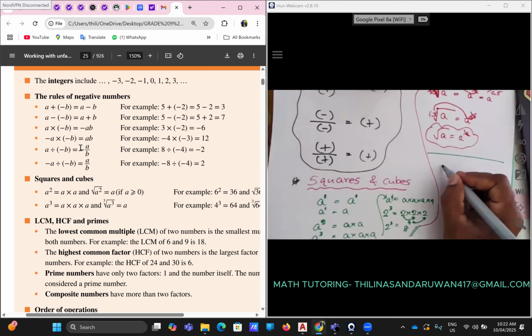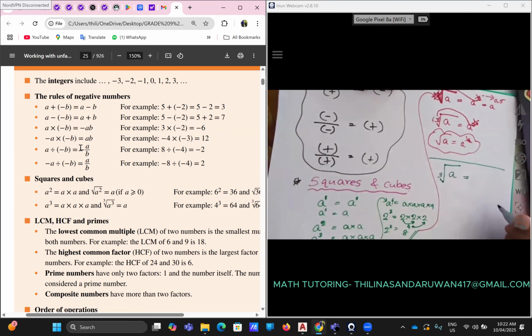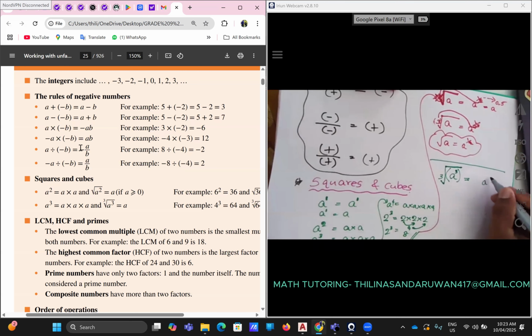And there's another thing here. You can see this one. What is this? What does that mean? Just insert a bracket. So we can write it down like this, a to the power of 3.